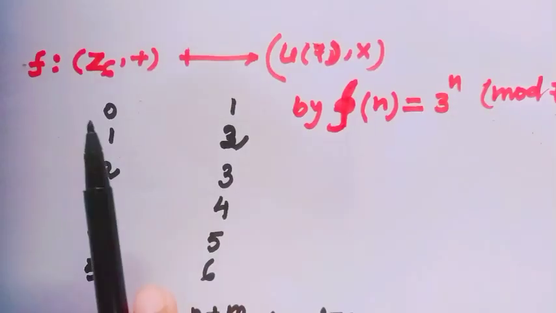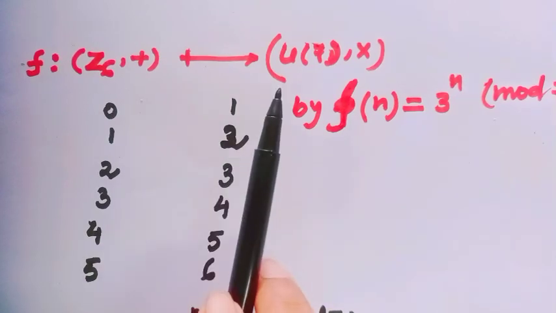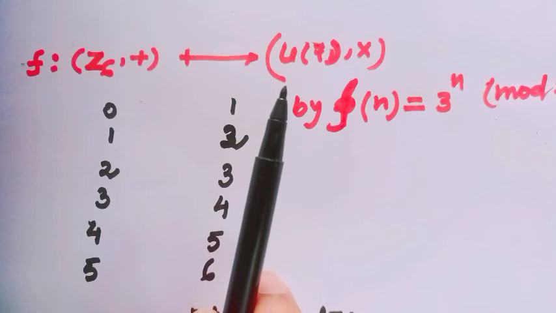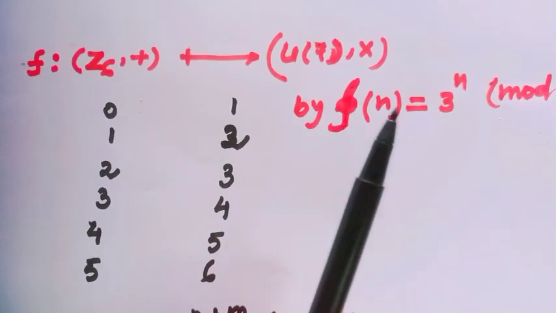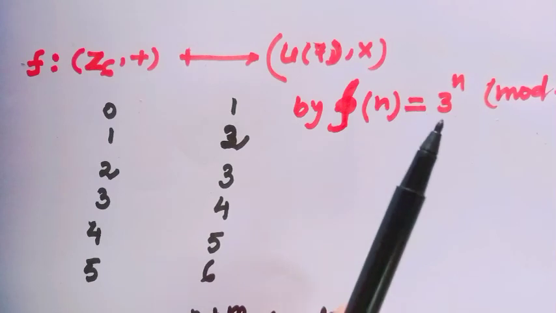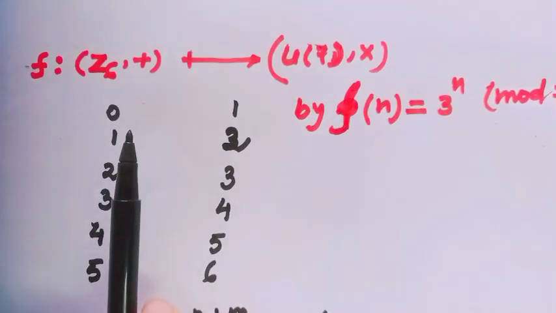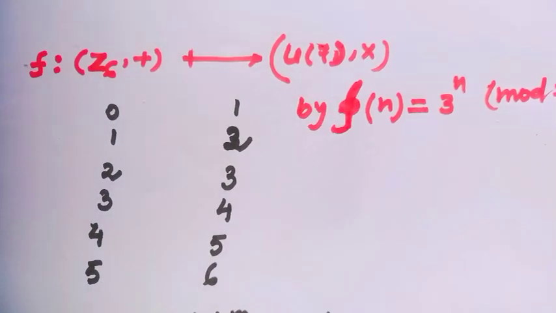Consider another map f from Z6 to U7, where Z6 is the additive group of integers modulo 6 and this is the multiplicative group of units modulo 7. And all of us know Z6 contains 6 elements 0, 1, 2, 3, 4, 5 and U7 contains 6 elements 1, 2, 3, 4, 5, 6.